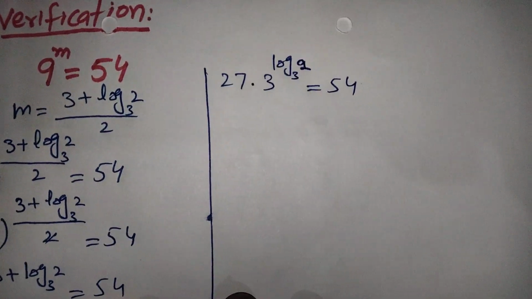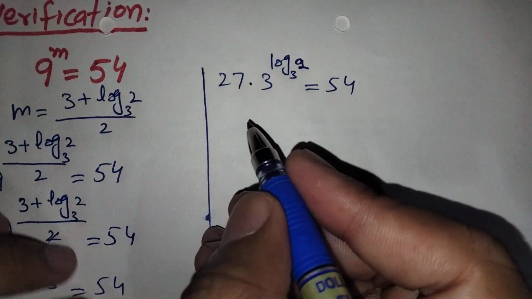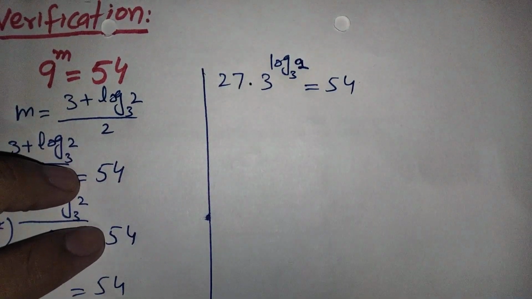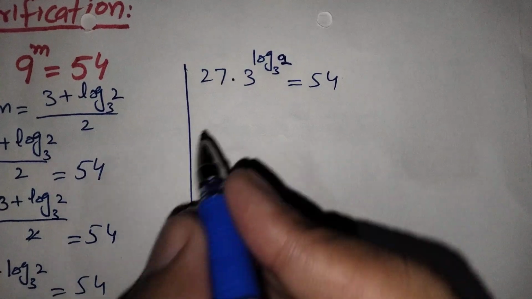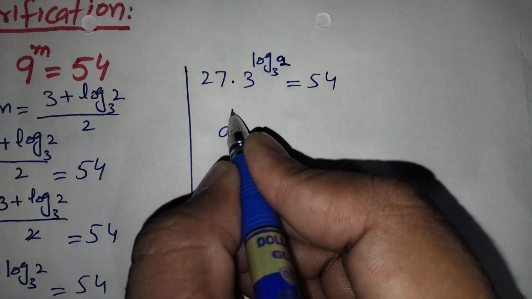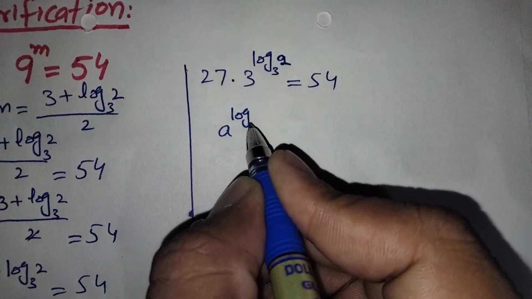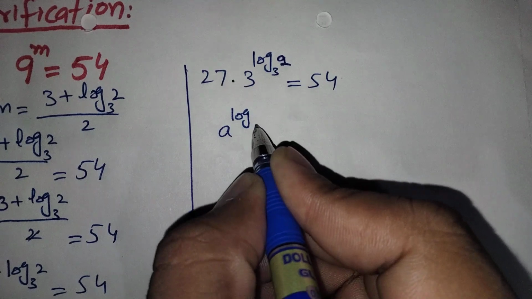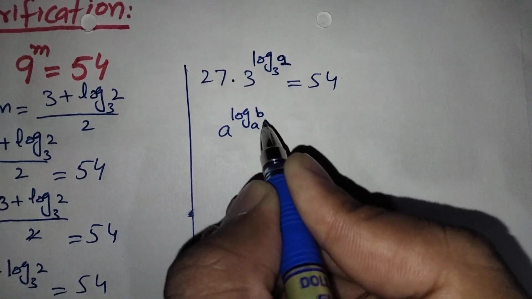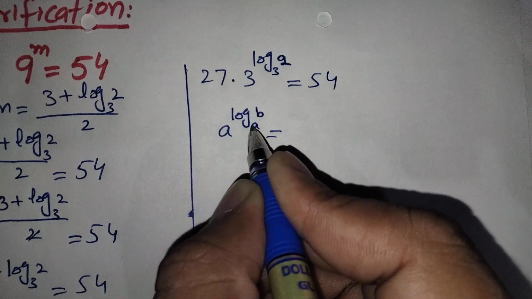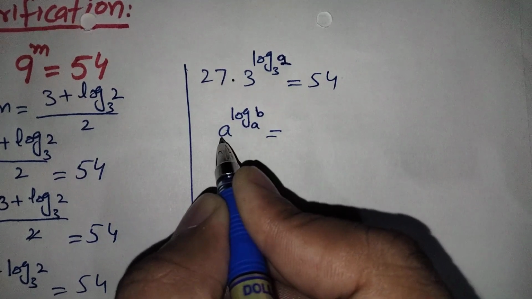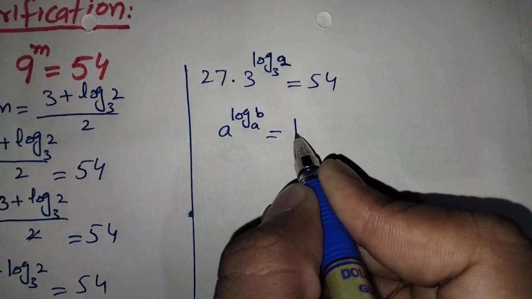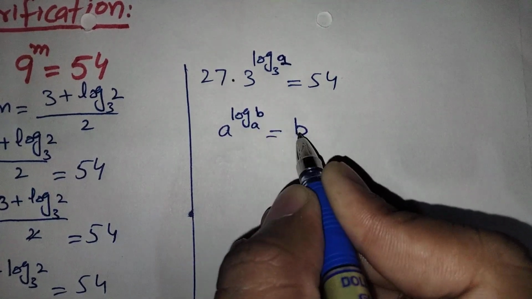Now we will use a formula here which is given as: if a is raised to power log of base a argument b, then the log will cancel out with this base, and we will get the answer which is the argument, that is b.